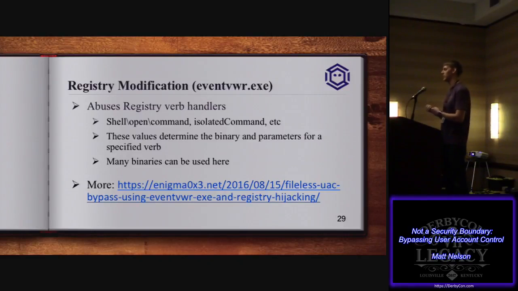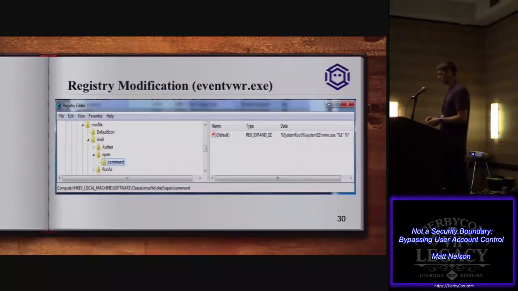So for example, eventvwr.exe has an open verb set to mmc.exe with the path to the Event Viewer MSC, or MMC snap-in. So eventvwr.exe does not actually just start the event viewer. It calls mmc.exe, which is the Management Console, and then passes it the path to the event viewer snap-in.